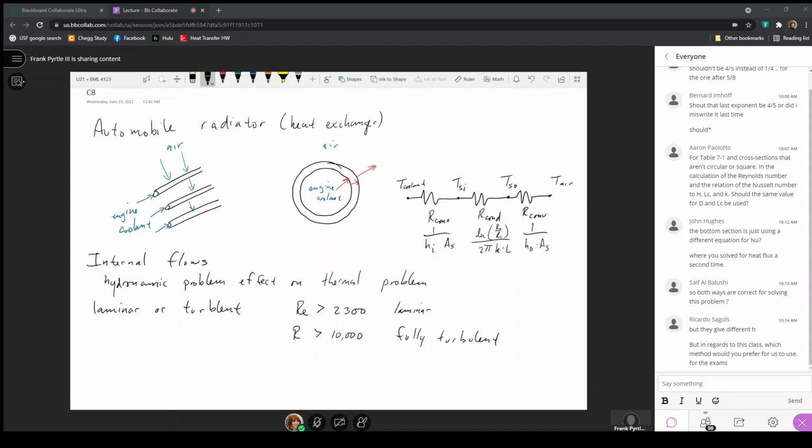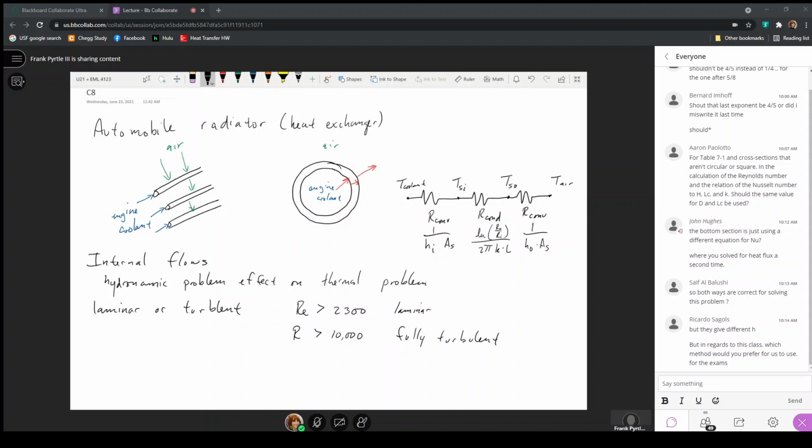So we just consider that for Reynolds numbers greater than 2300, it's not laminar. It's inappropriate to consider a laminar correlation anytime the Reynolds number is greater than 2300.